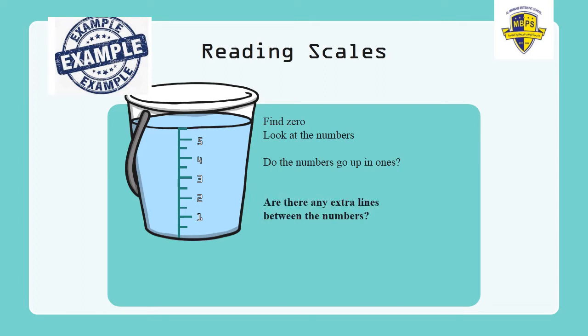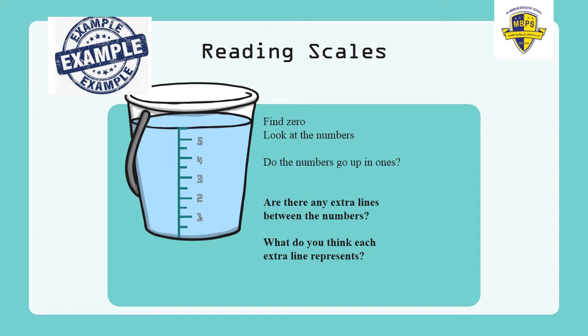Good. Now, I want to ask you, are there any extra lines between the numbers? Observe, for example, between 1 and 2, there is an extra line. Yes, we have extra lines. Good. So, these extra lines, what do you think each extra line represents?